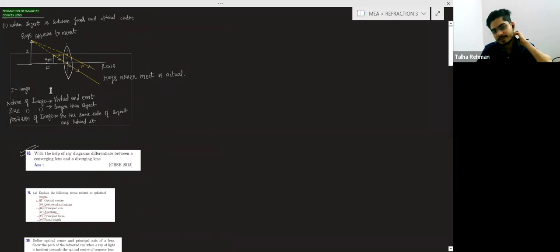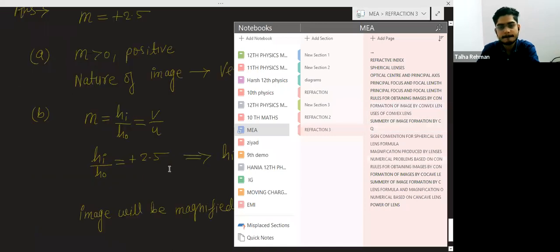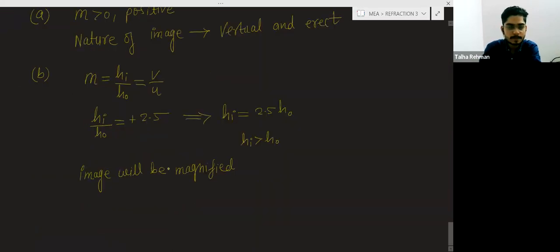This is the only case where you get a virtual image larger than the object. So you have a virtual and erect image, and that image is magnified.